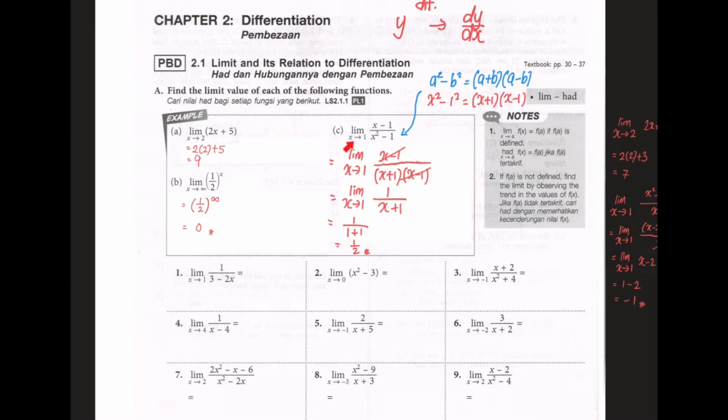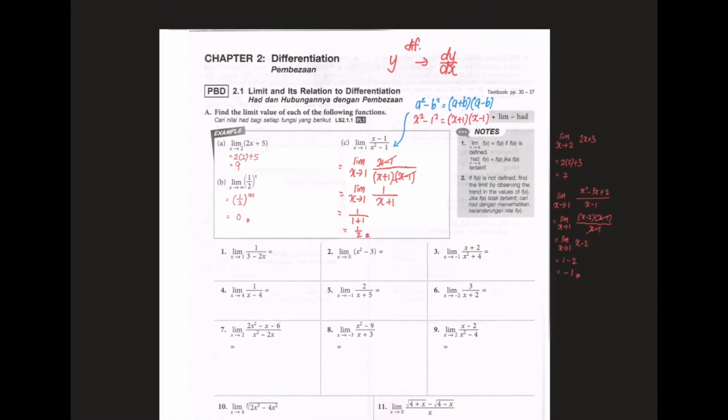The third situation is you substitute and it makes the fraction undefined, so you need to factorize and cut away. So if nothing happens, you just substitute straight away, or else you consider this way or this way. So this is limit.